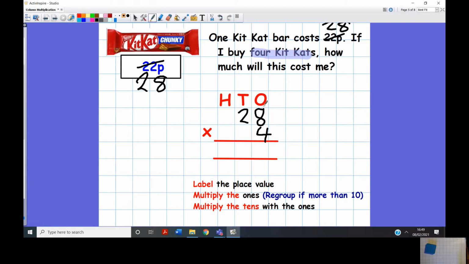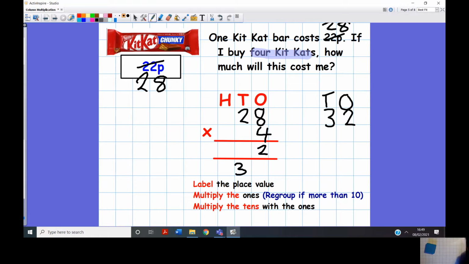So here, I can't put in 32 ones. I have to take my tens, and 32 has 3 tens. So my 3 tens need to be regrouped into my tens column, and I'll just keep my 2 ones. Thank you very much.